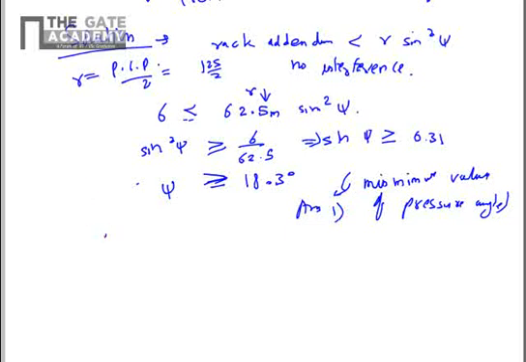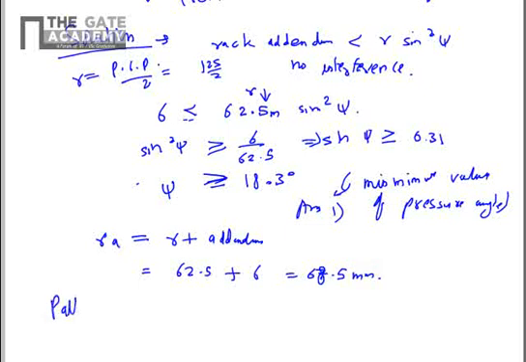Now for the second part, we need to calculate the addendum circle radius for the pinion, RA. RA is equal to the pitch circle radius plus addendum. So R is 62.5 for the pinion and addendum is 6, the standard. So 68.5 mm, RA. And you recall the formula for the path of contact for rack and pinion.